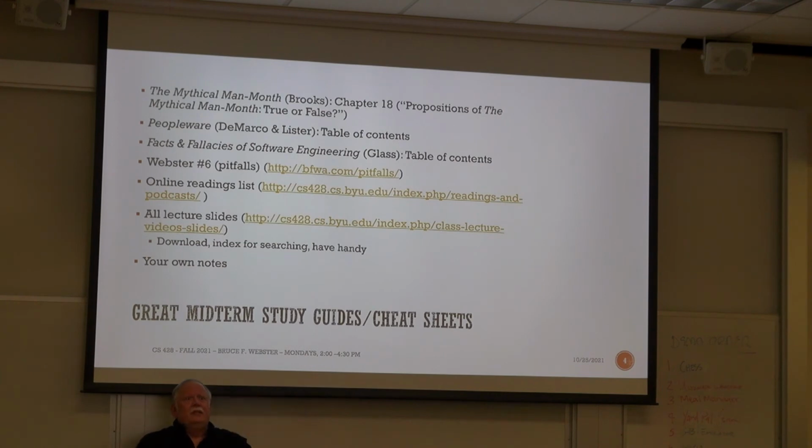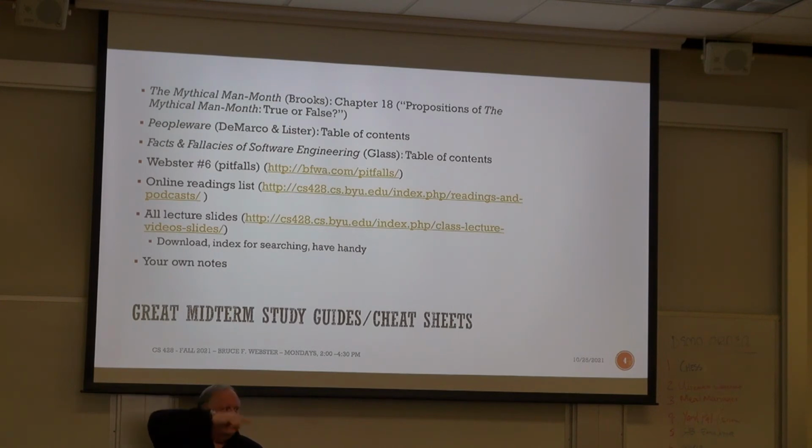This is your cheat sheet of cheat sheets. In Chapter 18 of The Mythical Man-Month, Brooks basically outlines all the concepts in his first 17 chapters, okay? So that's a great thing. For Peopleware and Facts and Fallacies, just use the table of contents, especially with Facts and Fallacies.